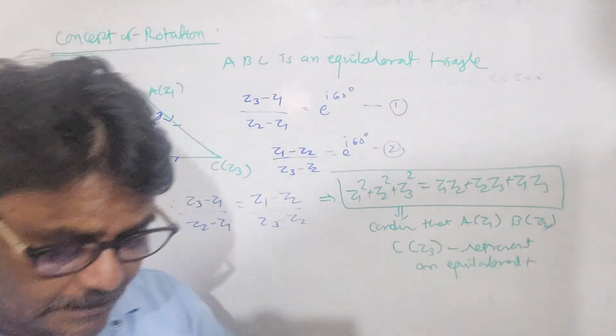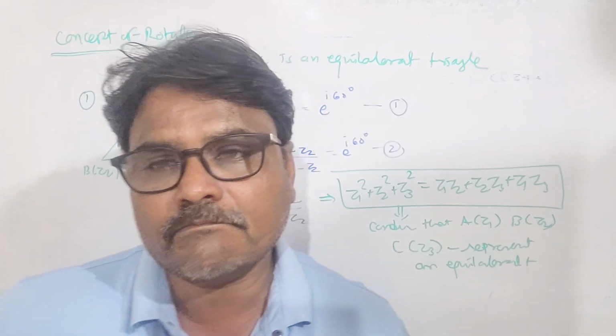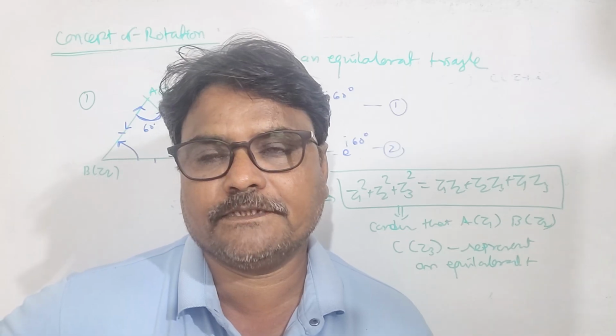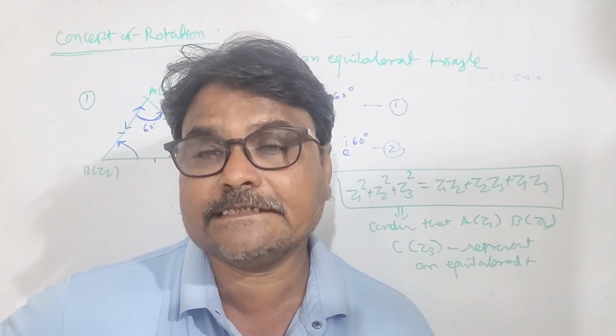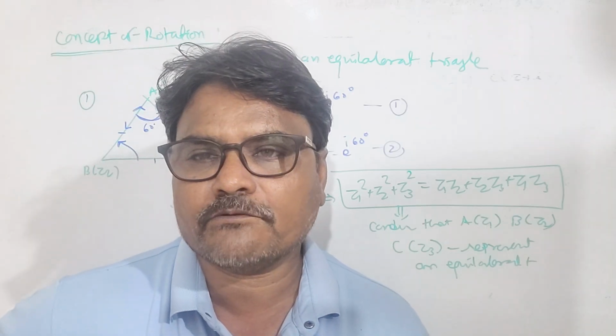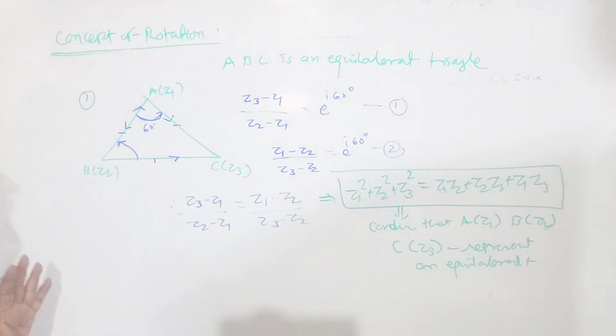Earlier we saw that the triangle formed by the vertices Z, iota Z and Z plus iota Z is a right angle triangle, and the area is given by half of modulus of z square. So these are the two important results we have seen.